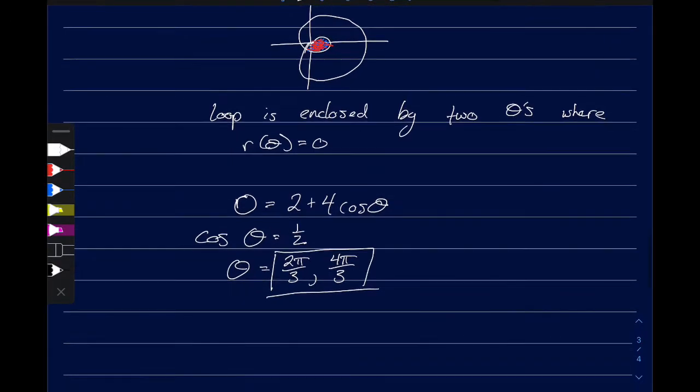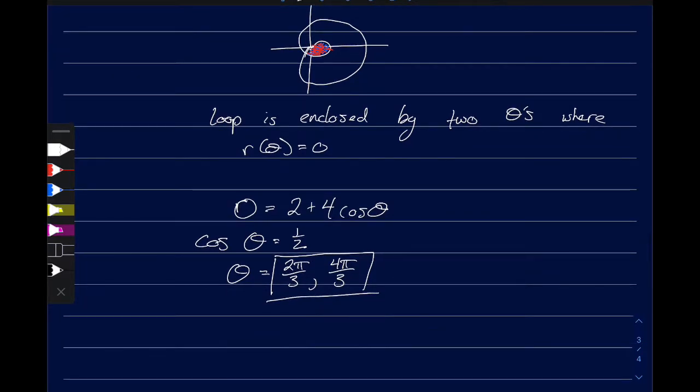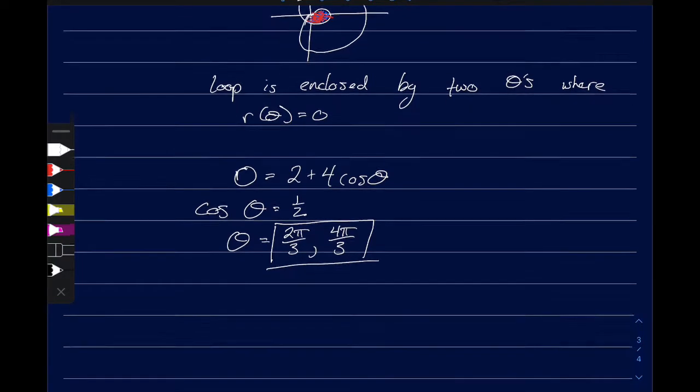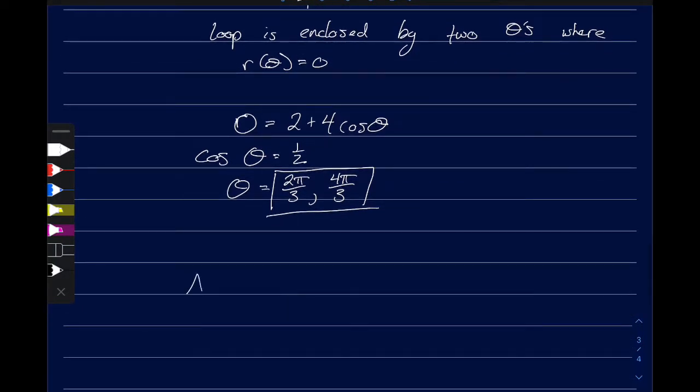And these are our bounds. Okay, there are other thetas such that that happens, but 2 plus 4 cosine theta happens over a period of 2 pi. So we're just going to pick the easy one, and pick our bounds between 0 and 2 pi.